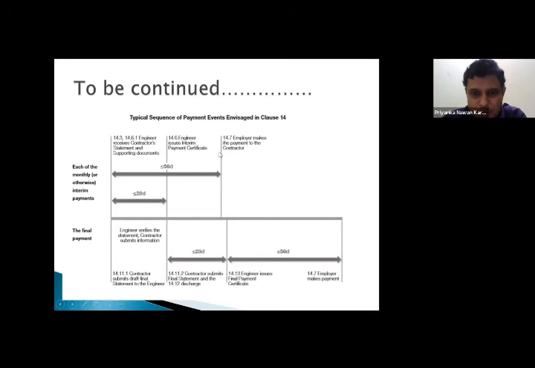The employer makes the payment to the contractor, right? Each month. Now these time periods have been squeezed, right? Because it says less than or equal to 56 days, right? So this is a little bit more stringent. Now, as you are aware, under one conditions of contract, the engineer takes 28 days for the certification, right?